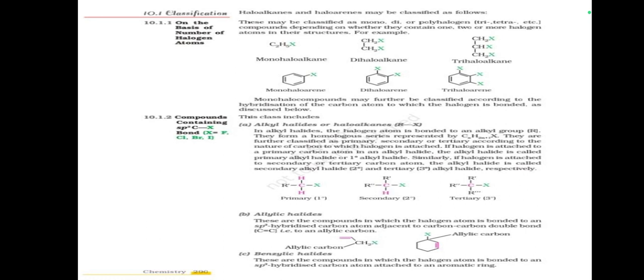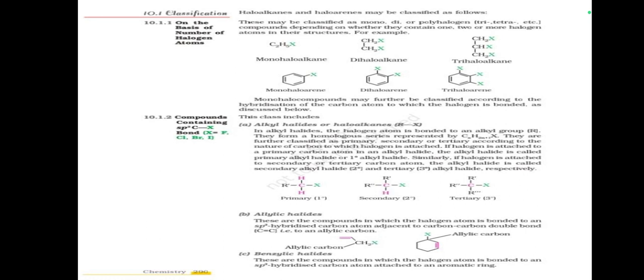If halogen is attached to a primary carbon atom in an alkyl halide, the alkyl halide is called primary alkyl halide. Similarly, if the halogen is attached to secondary or tertiary carbon atom, the alkyl halide is called secondary alkyl halide or tertiary alkyl halide respectively.